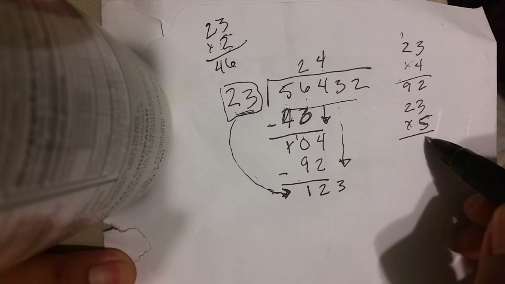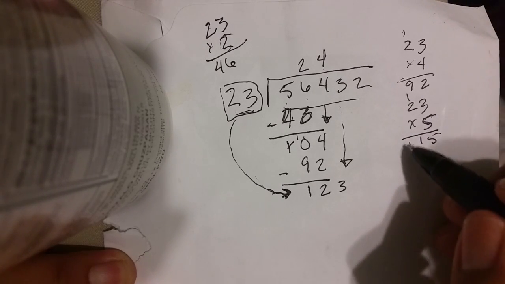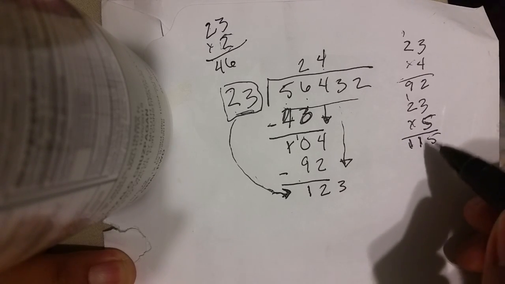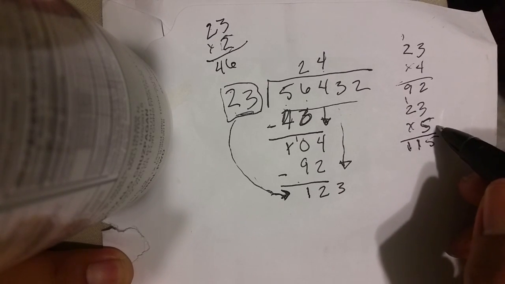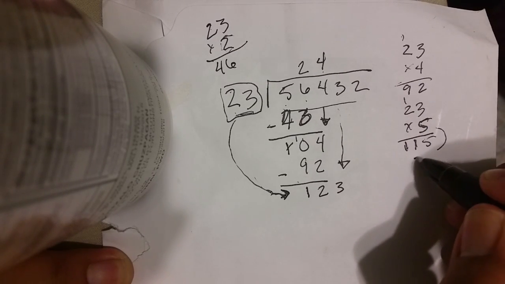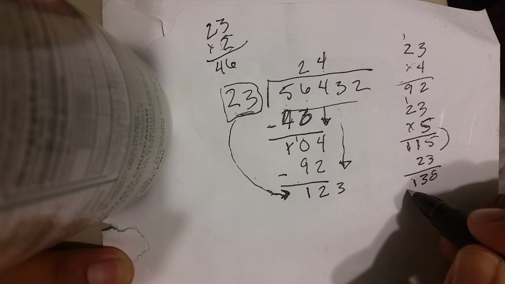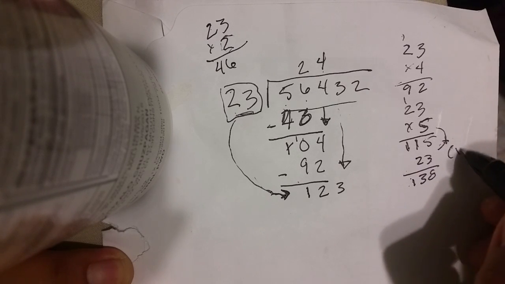So it's 115. 115 is definitely the highest number that can go into this. Just to show you, if I wanted to see what it would be, I would add another 23 to it, and that is 138. That's definitely too big for that one. I just added another one right here, so that's the equivalent of times 6.